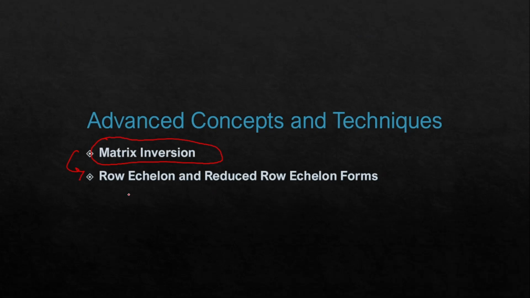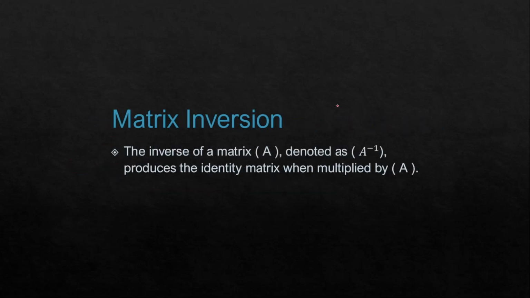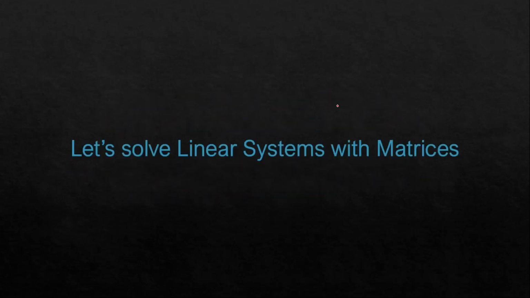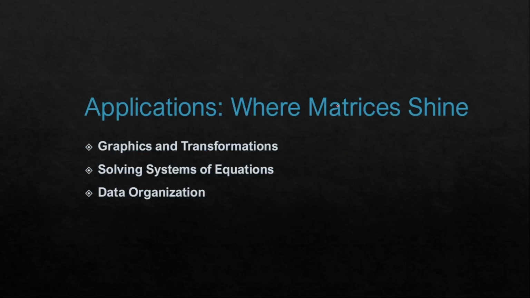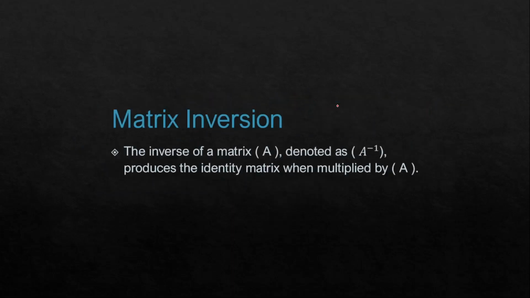Row echelon and reduced row echelon take a lot of time to practice and explain, and solving linear systems will take an hour on its own to explain how everything works. And the applications, we'll discuss them. So for today, since I'm feeling a little under the weather, the last topic will be matrix inversion.